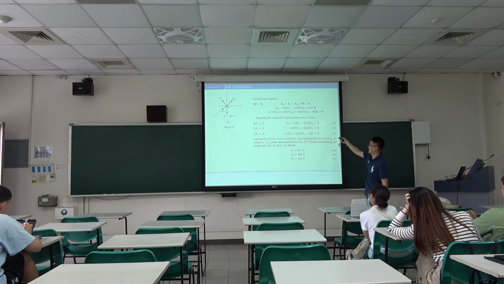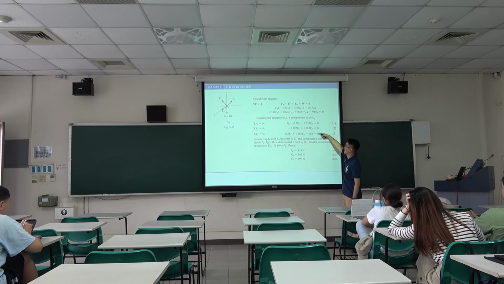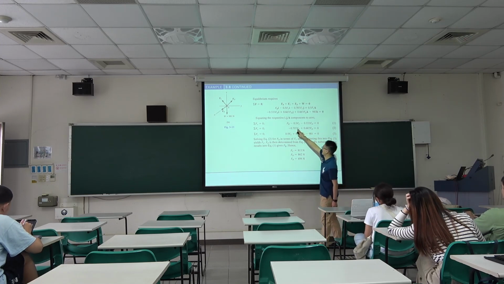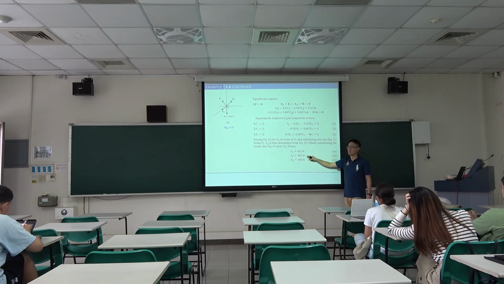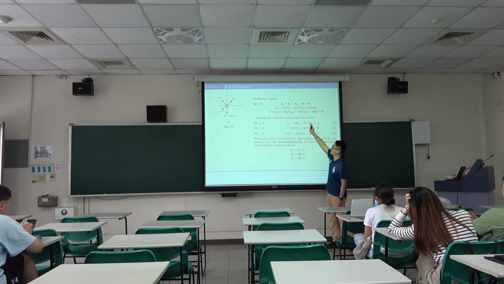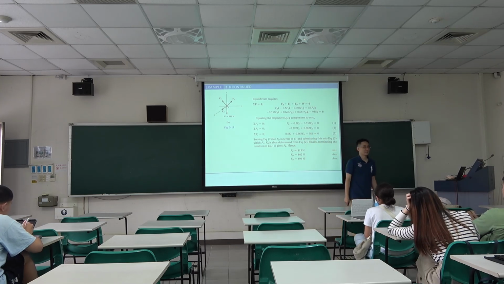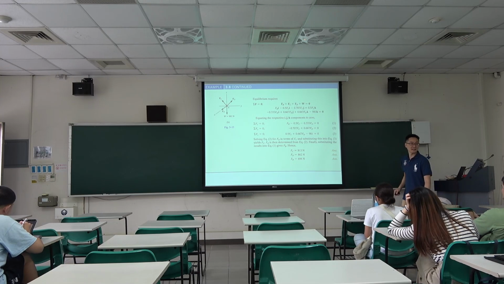Based on the information, we use these 2 first, because these 2 only have 2 unknown parameters. So we can work out FC and FD first. Then once we know FC and FD, we put them into the first one, so we can work out FB. Clear?